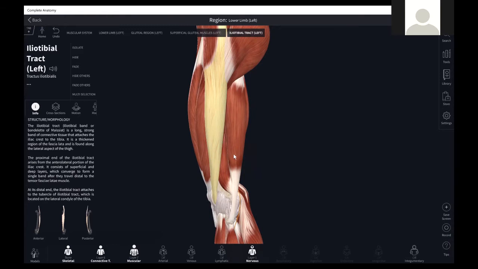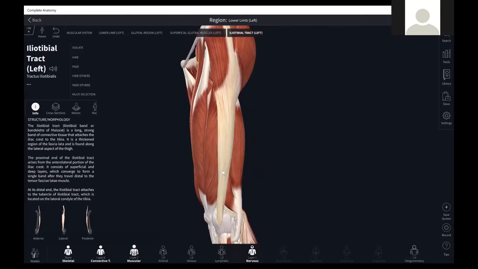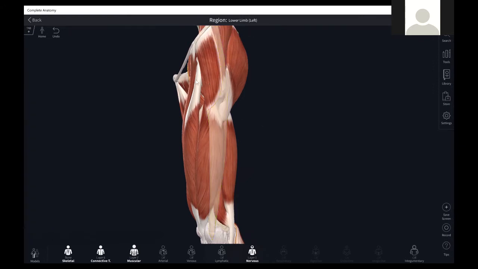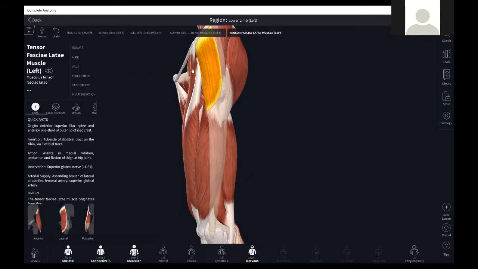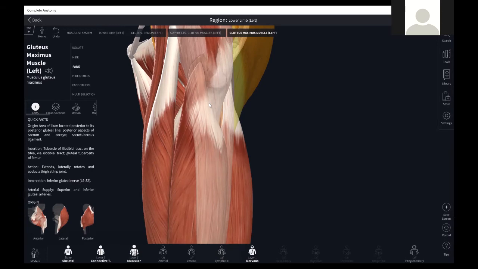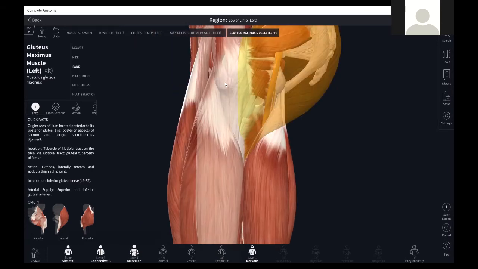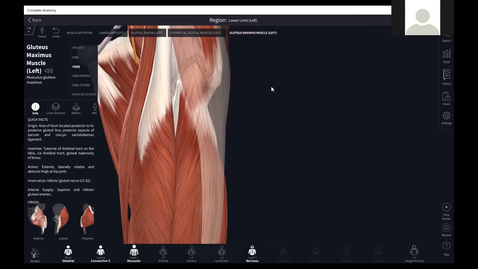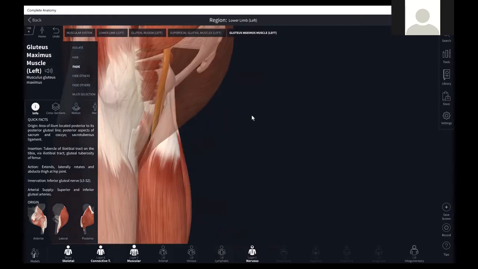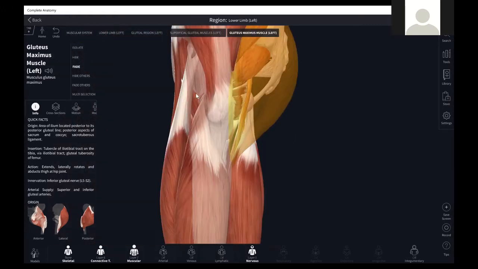So we move further down, underneath, and I'm going to fade TFL and glute max. A lot of times you can see the greater trochanter. It's kind of hard to see. The greater trochanter right here underneath the IT band, and that's where a lot of our proximal issues are centered.